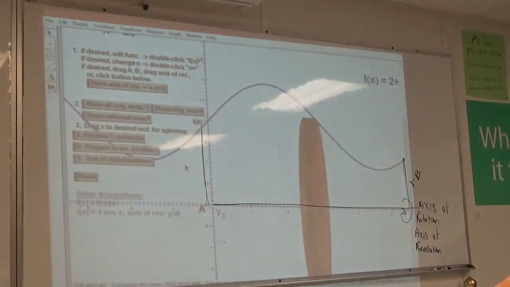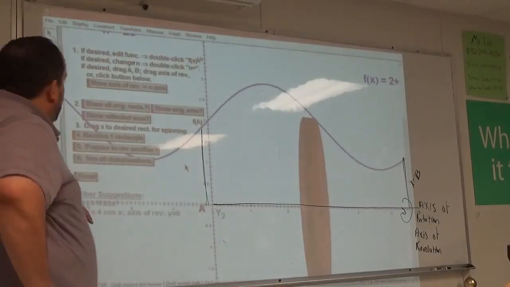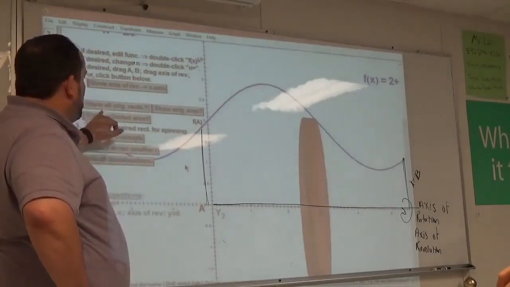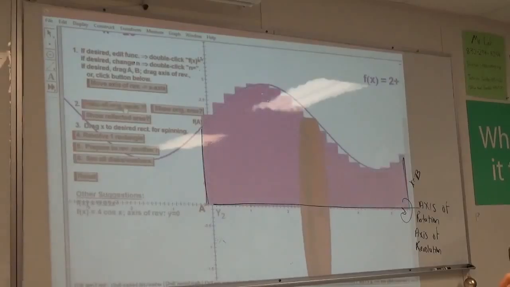Stay with me. Are we okay with cylinder? Yes. Okay. Well, Ranbir, show all original rectangles. So imagine Riemann slicing up all these little different rectangles.